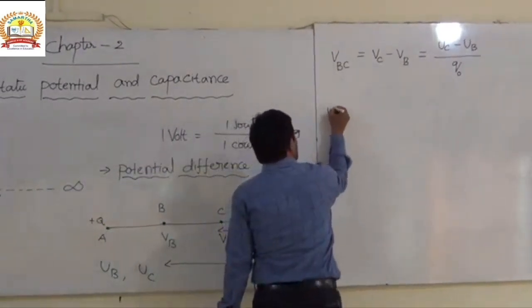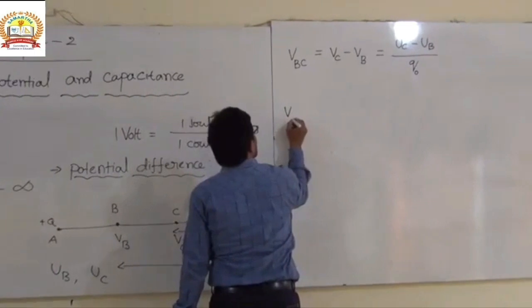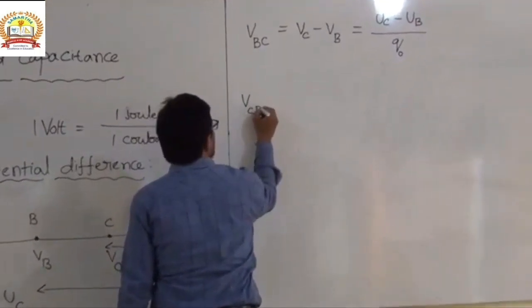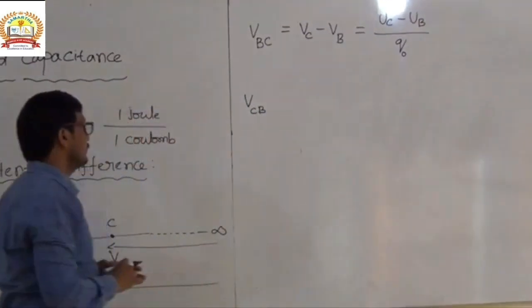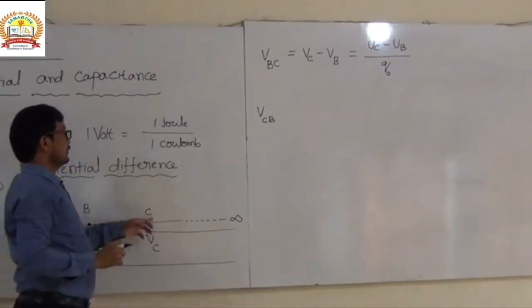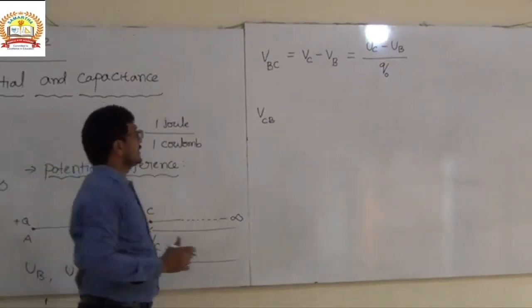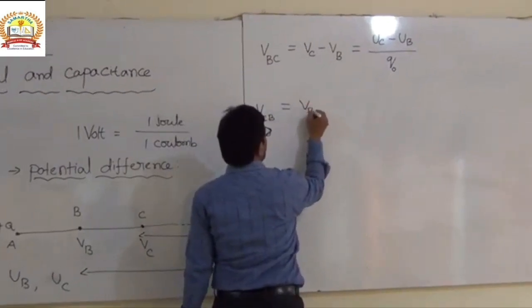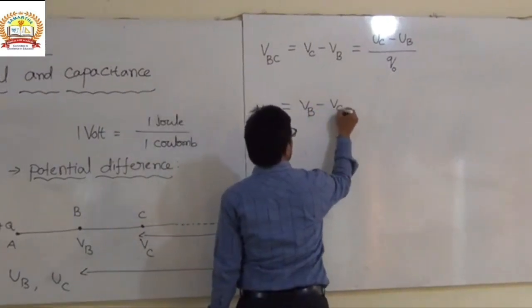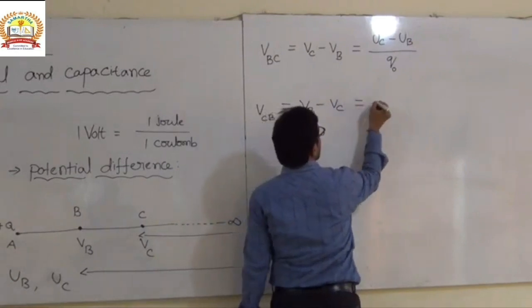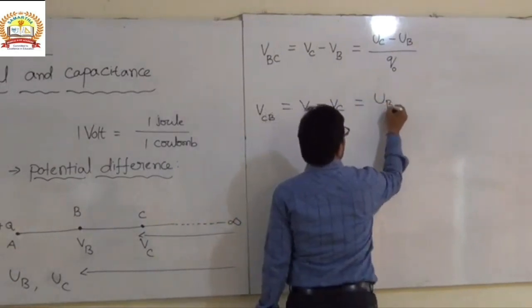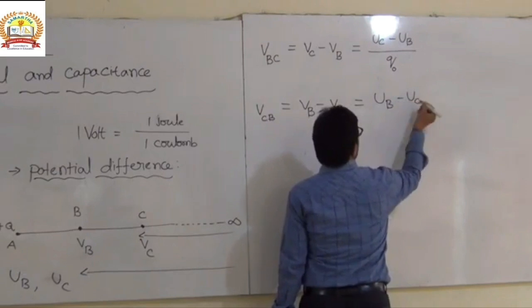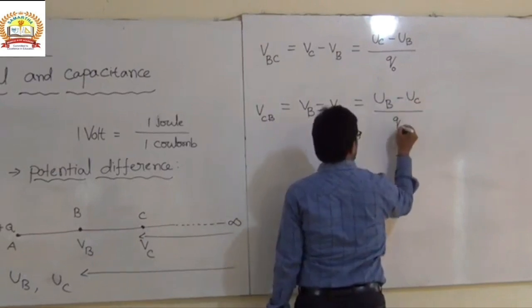And if you take the potential difference from C to B, because here we are going to bring the charge from point C to point B, VCB equals VB minus VC, which is equal to UB minus UC divided by Q naught.